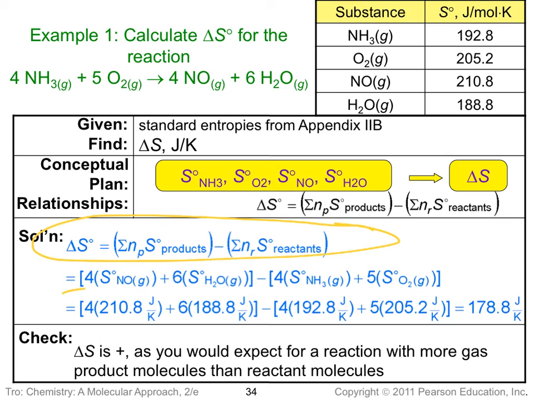Here are all the products, including the stoichiometry. Here are the reactants, including the stoichiometry. You get to this 178.8. It's positive, right? You might expect that because you have 10 molecules of gas on the right side versus 9 on the left side.